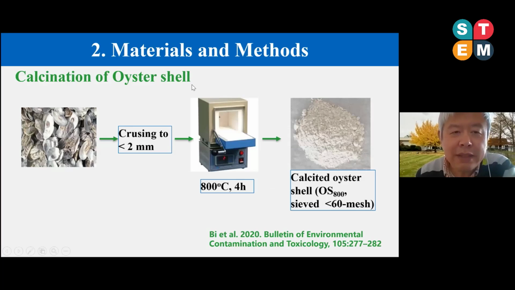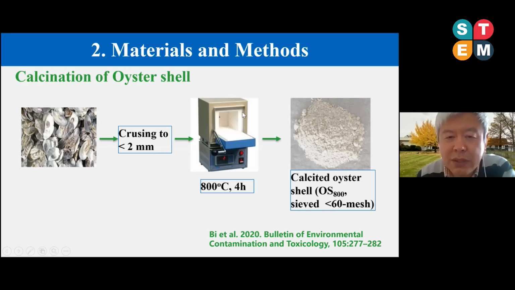So the second part is how we did the work. First, we collected oyster shell from a local market, and of course dried it, crushed it to small particles, 2 millimeters, and put it in an oven for heating at 800 Celsius degrees for 4 hours, and the end product is crushed and sieved to less than 60 meshes.